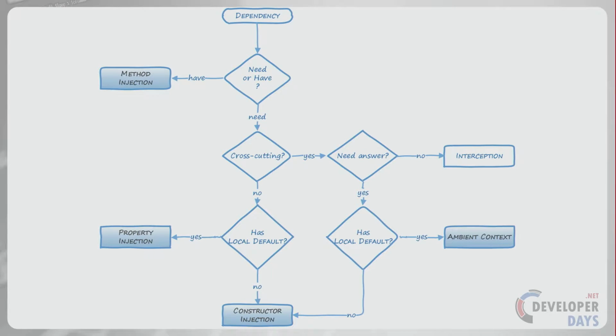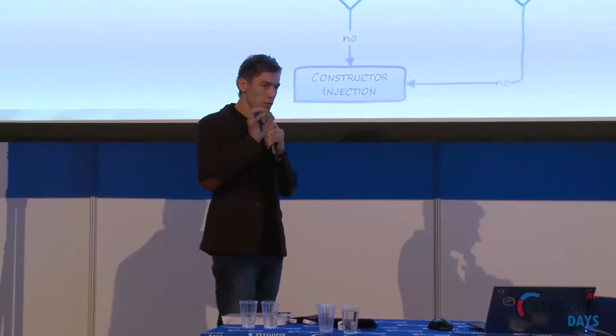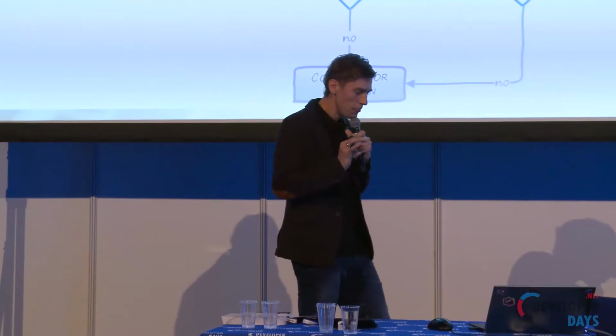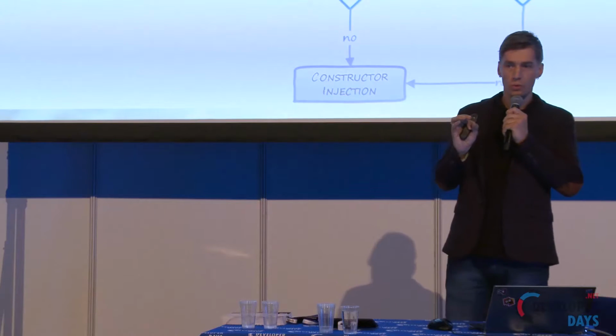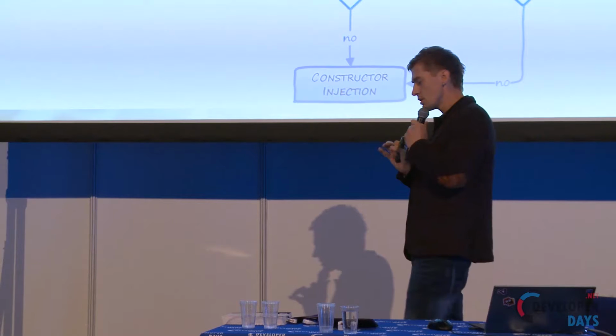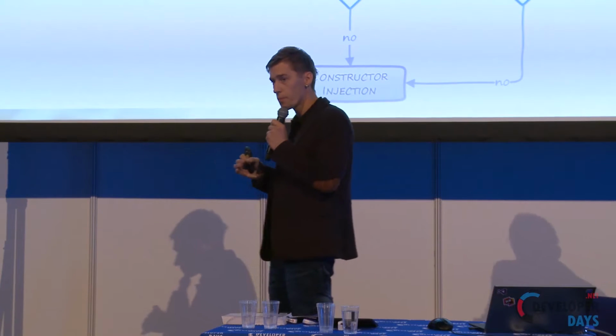So in this case, let me just guide you through a kind of decision tree. If we start from the very top, when you do have a dependency, the first question you have to ask yourself is, do you need a dependency or do you have a dependency?